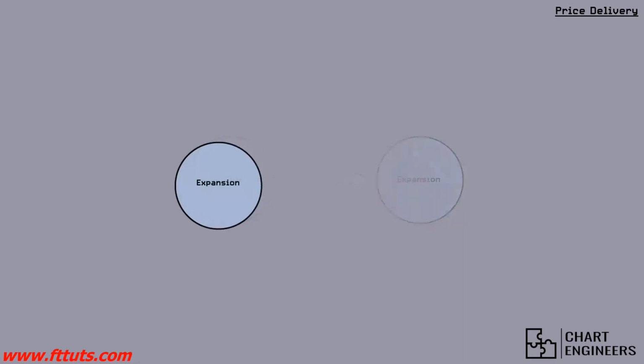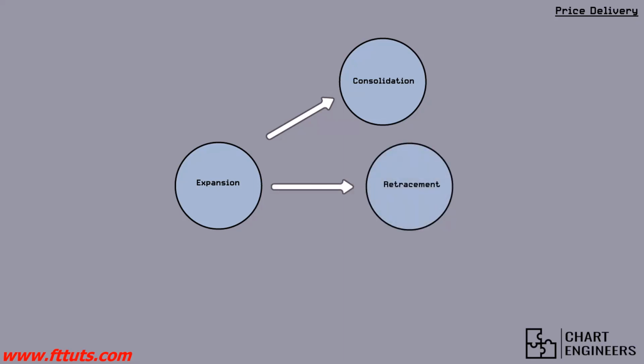When price is expanding, we can expect 3 things to occur. 1, the consolidation, so price can either get back into a new consolidation. Price can get in a retracement, so price expands and then gets into a retracement phase. And option 3 is reversal.